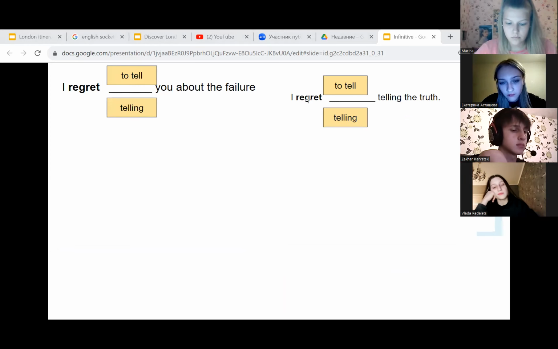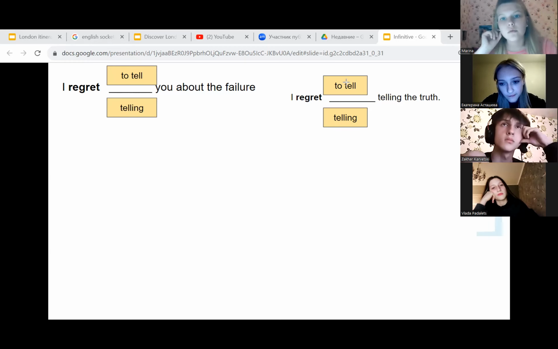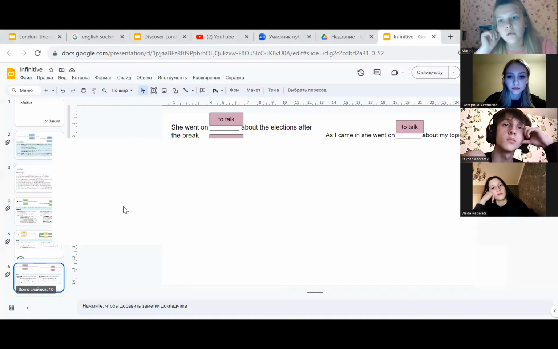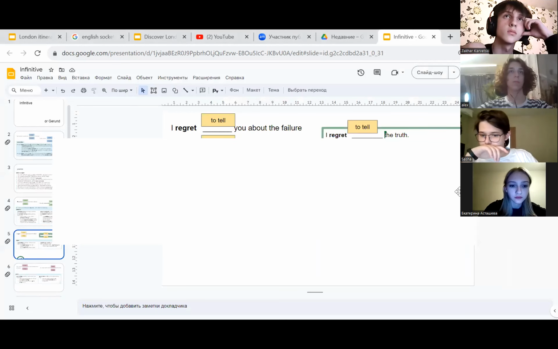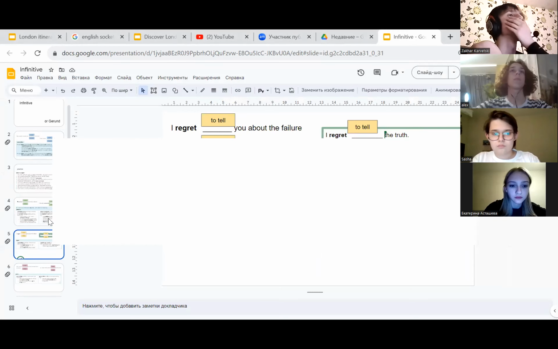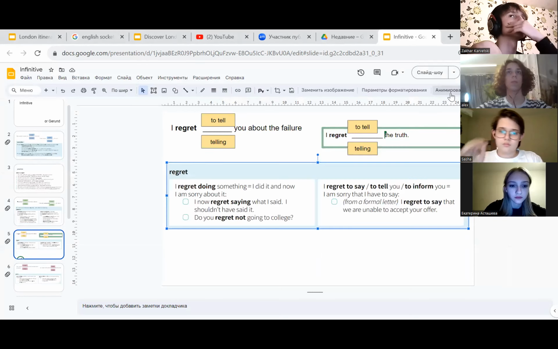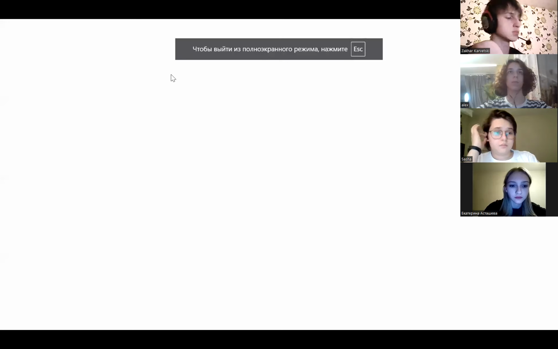And the second one, I regret to tell you, to tell the truth, sorry. A little bit of the failure on my part. But I don't know if this is the right one. Okay, now we're going to look at the difference between regret and remember. Suggest your answers in the chat.